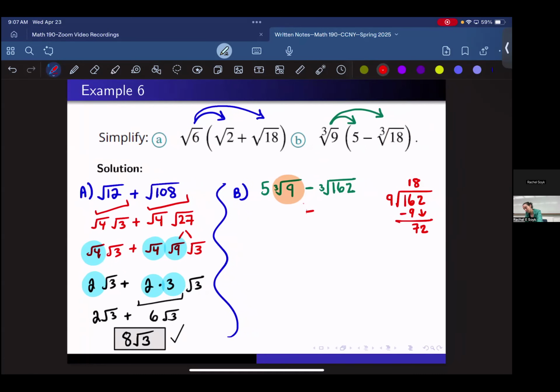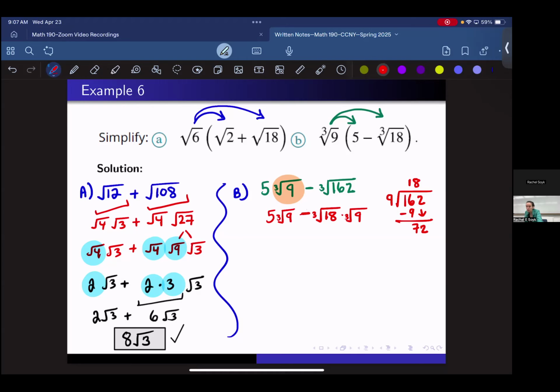So we can rewrite this. Should have just kept it as the cube root of 18 times the cube root of 9. And then we have 5 cube root of 9.